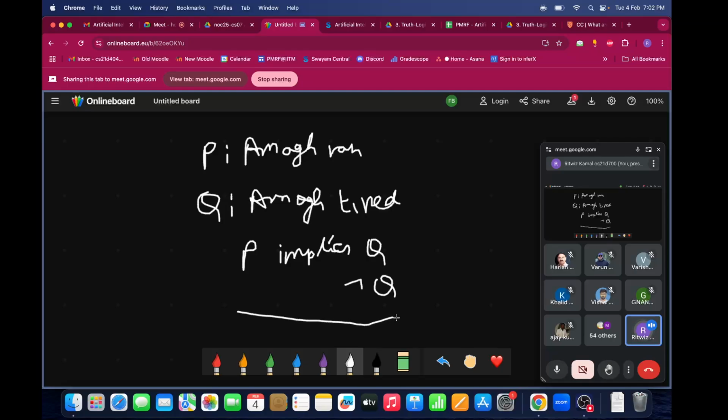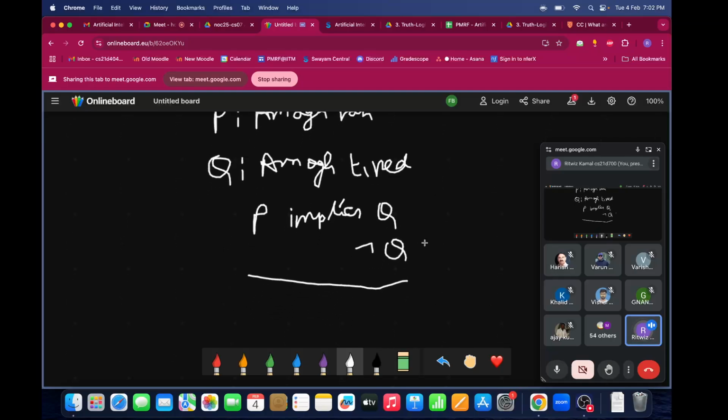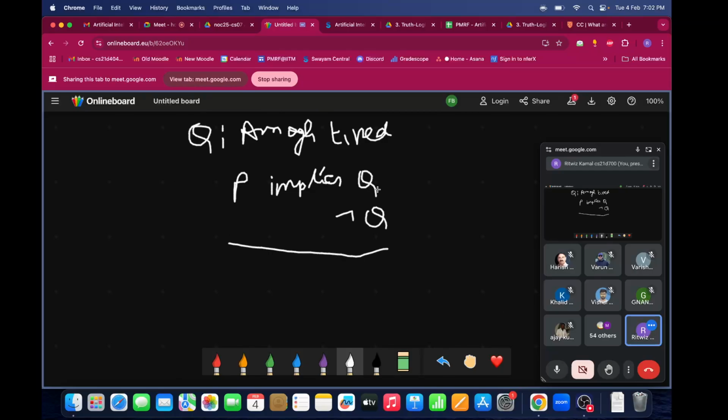So based on these two facts alone, if we had been given P to be true, we could say that Q is true, right? We are given that Q is not true. In that case, we can say that for sure P is also not true, because if P had been true, then Q would definitely be true.